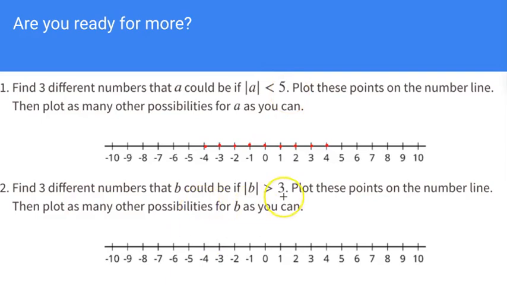What about here? What about if the absolute value of B is greater than 3? A lot of possibilities here, right? So it's got to be greater than 3. Well, 3 is here. So obviously we can do 4, we could do 5, 6, 7, 8, 9, 10. What about any of the negative numbers? Can we do any of the negative numbers?